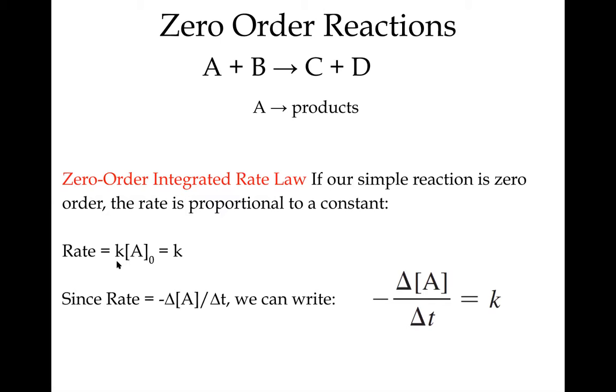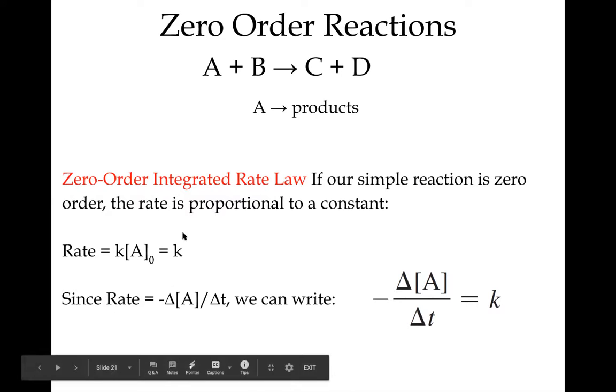So we're saying that rate is just equal to k in this case. So not k times the concentration of A to the first or to the second. In this case, A to the 0, it just gets rid of it.